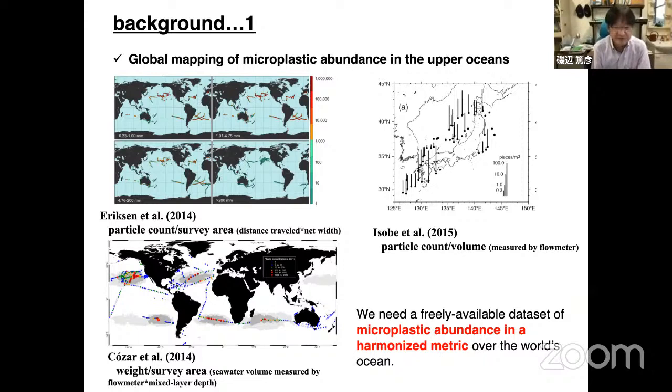So apparently, we need a freely available dataset of microplastic abundance in harmonized metrics, harmonized procedures, and harmonized methods over the world ocean. In the first topic, I'd like to introduce our latest work regarding this global mapping of the microplastic abundance by integrating the observational results by many researchers to date.